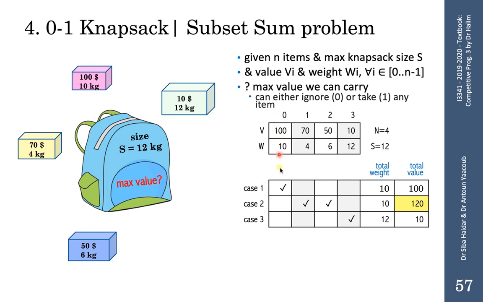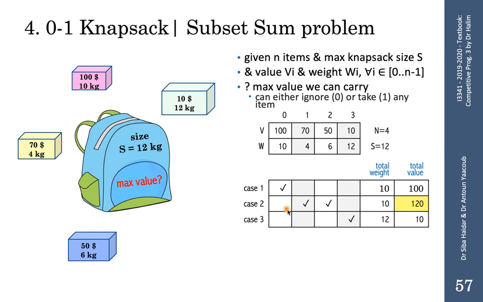If I take item number 0, the first one, I have the weight 10, so I can add an additional item only if its weight is less or equal than 2, the remaining, and there is no such item, so it will be chosen only by itself. So the total weight will be 10 and the total value will be 100.